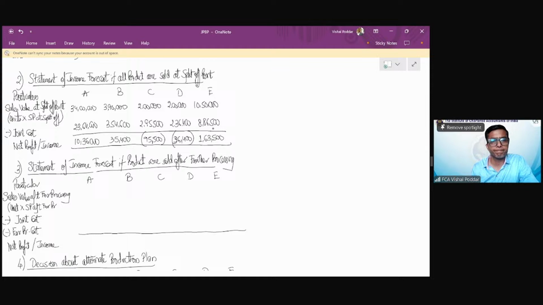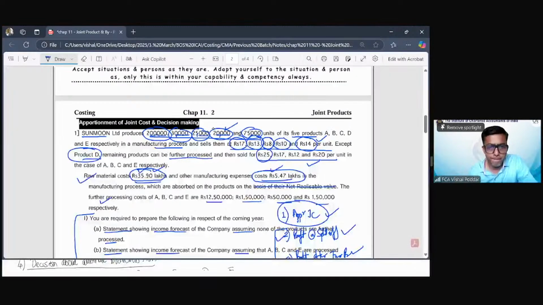Correct? Joint cost, I already have it a portion. Further processing costs are given in the sum: 1250, 150, 50, 150.